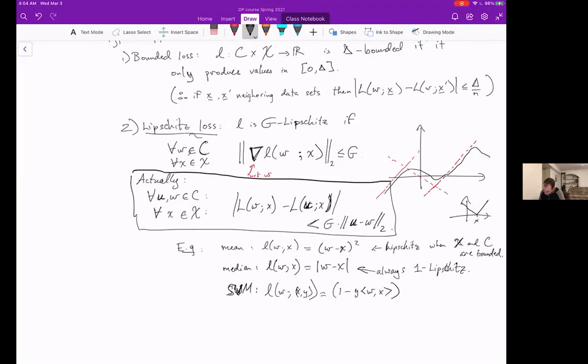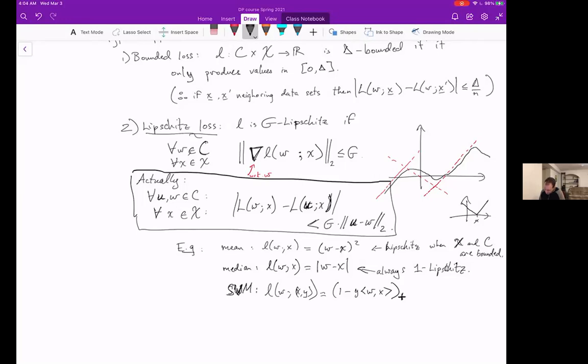And then what we do is take the positive part of that. So if it's negative or 0, this loss is 0, and if it's positive, it's just whatever the argument is.